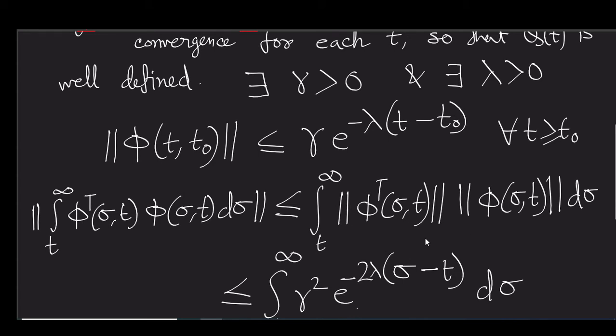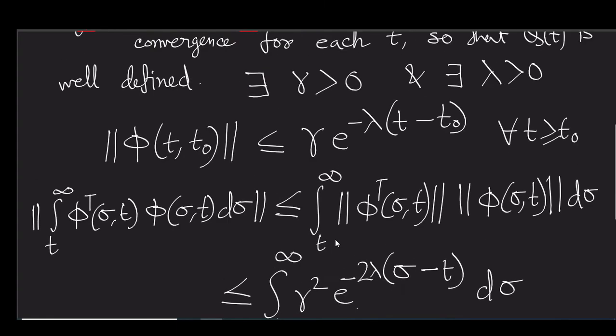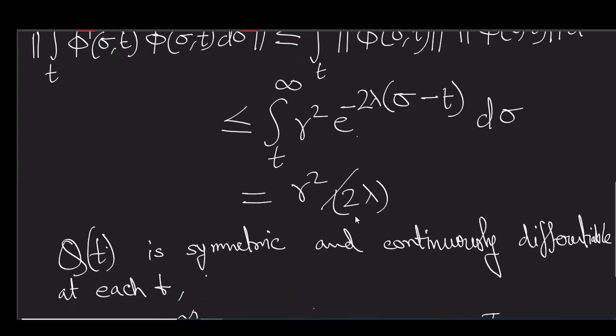No need to think about this. You just put these two values here and you will get this equation, right? Now that is equal to gamma square by 2 lambda.